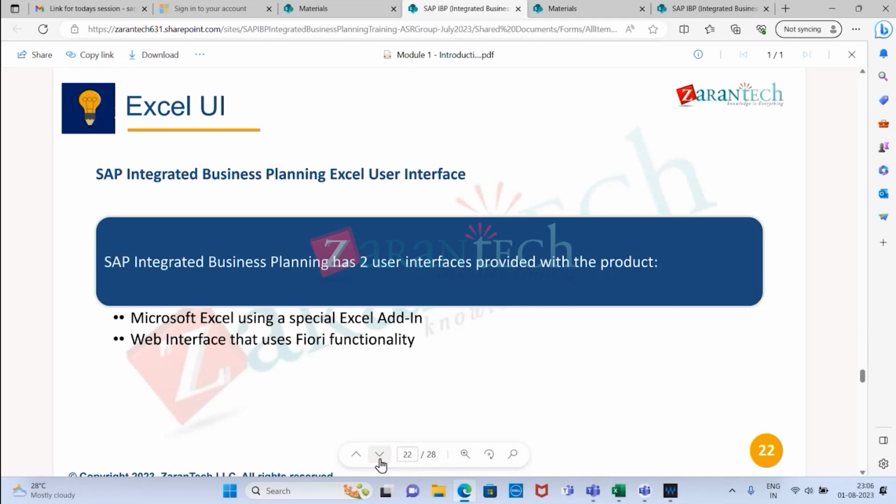So as I mentioned, the two key user interfaces provided for IBP are basically the Excel add-in as well as the web interface that uses Fiori functionality. In future sessions, we'll be going through these user interfaces and checking how they actually work.